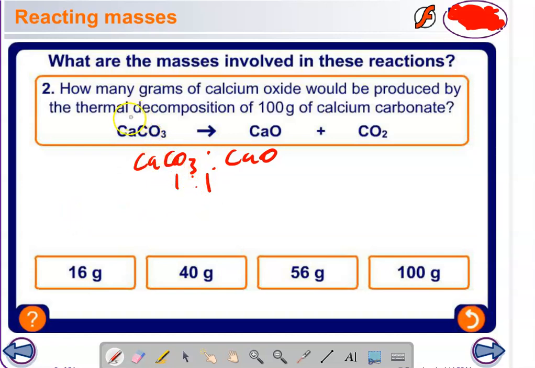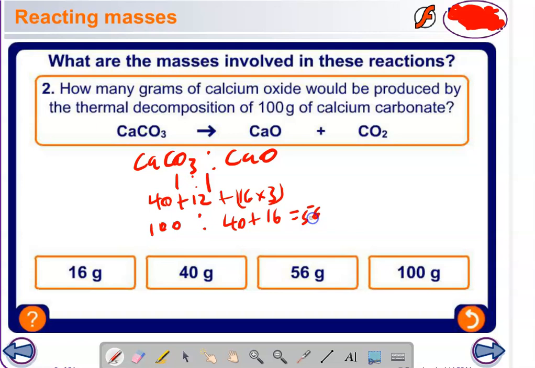So here the relative formula mass of calcium carbonate will be 40, which is the relative atomic mass of calcium. Add that to 12, that of carbon, and then you have 16 times 3. That should give you 100. Now, this is to calcium oxide. Calcium oxide is 40. Add that to the relative atomic mass of oxygen, which is 16, and that should give you 56.